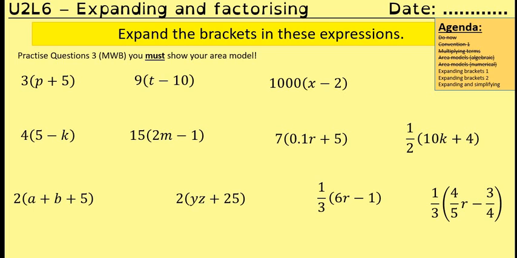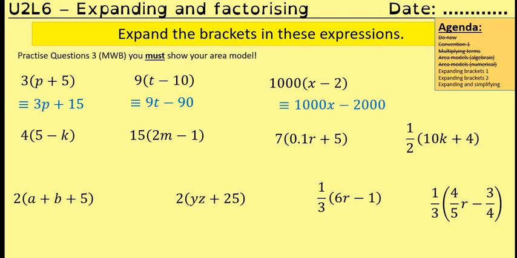Okay, so again on the slide I don't have too much space to draw these area models, but I can show you the answers for when we have expanded the brackets in these expressions. And remember, expanding the brackets is just eliminating the brackets. So in our first one, we should have 3p plus 15. Our next one should be 9t subtract 90.